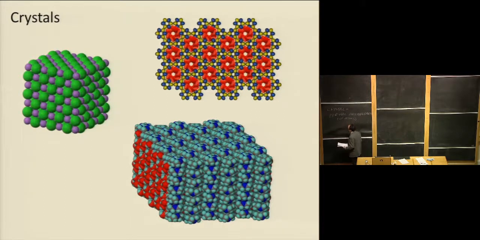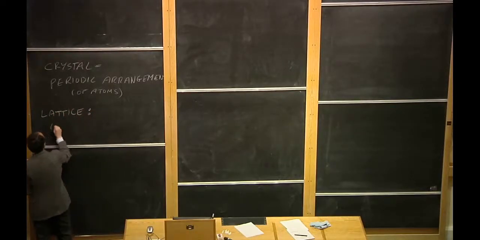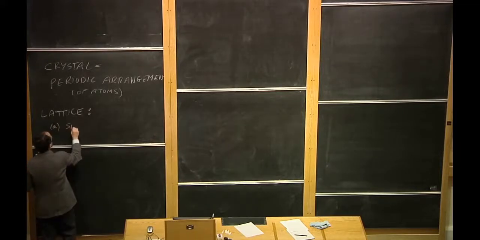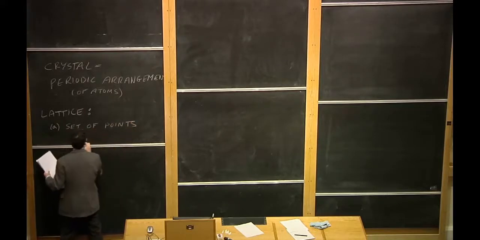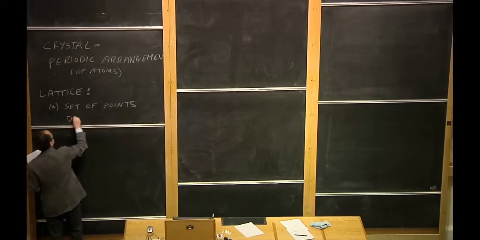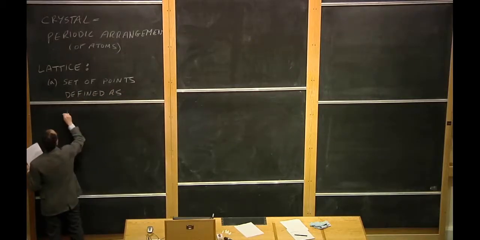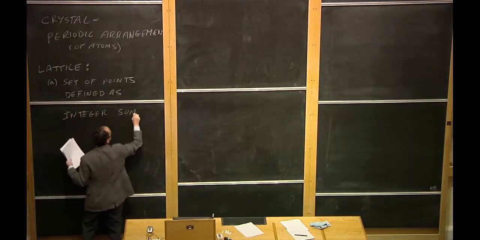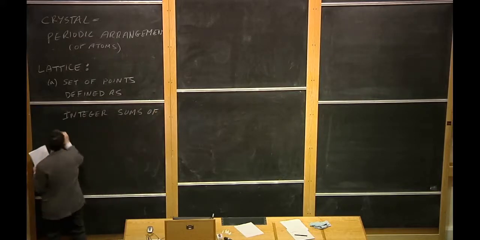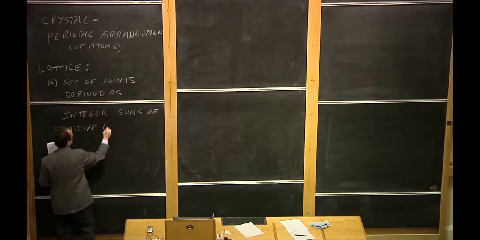A very important definition, and I'm actually going to give several definitions of this word, which are all equivalent: a lattice. So definition A, maybe the most useful, is a set of points defined as integer sums of, here's another word, primitive lattice vectors.